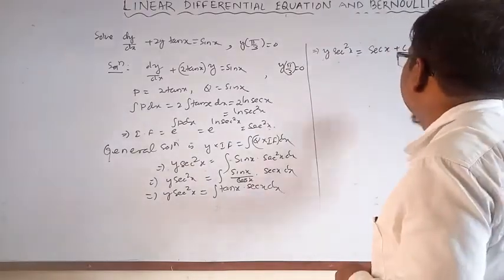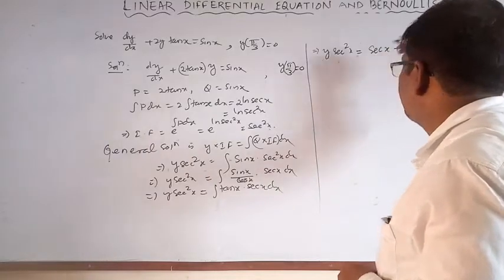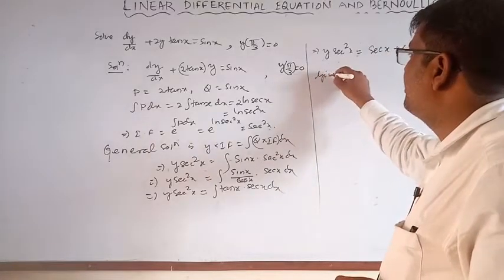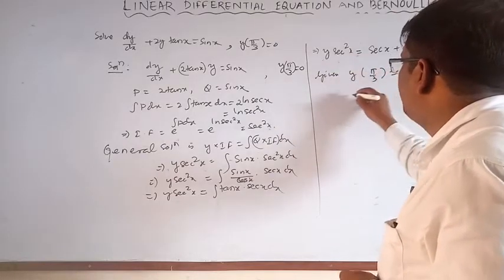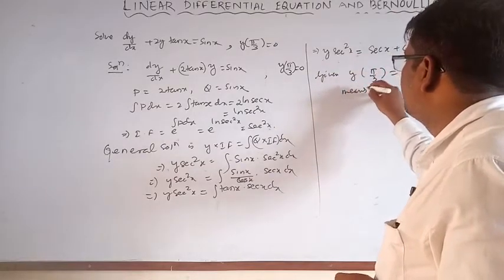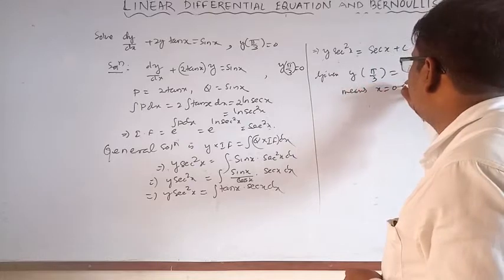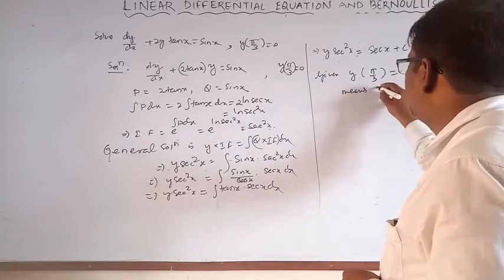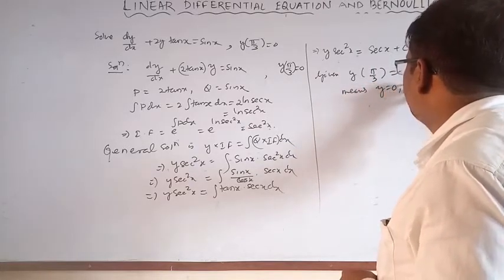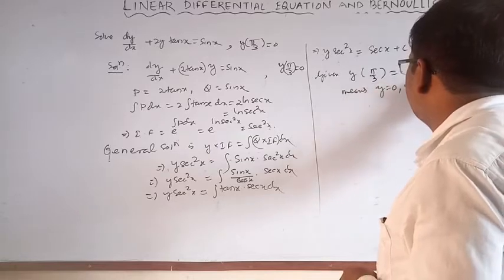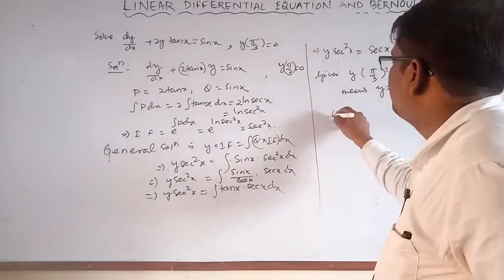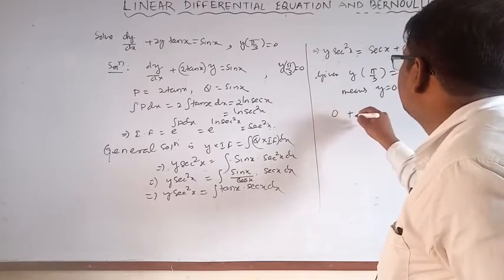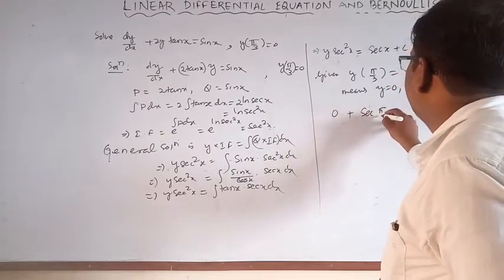Okay, then this is 1. Given y of pi by 3 is equal to 0, meaning y is equal to 0 when x is equal to pi by 3. So y is 0 and x is pi by 3.